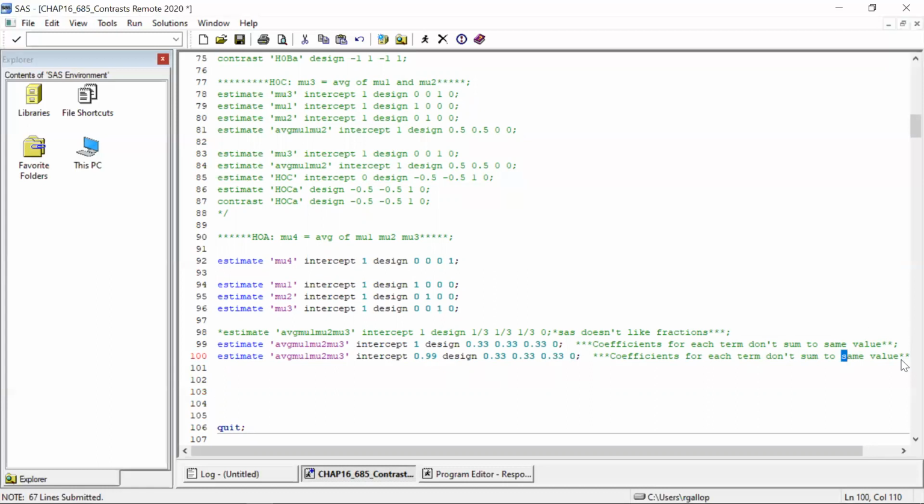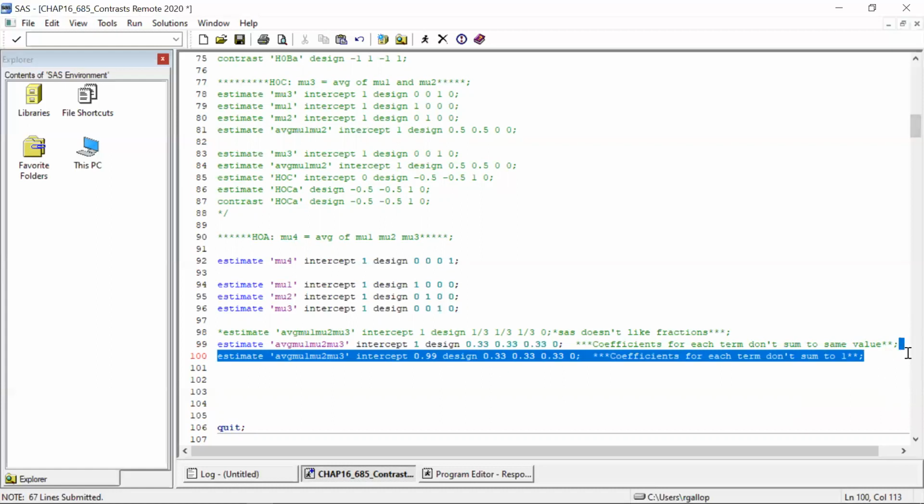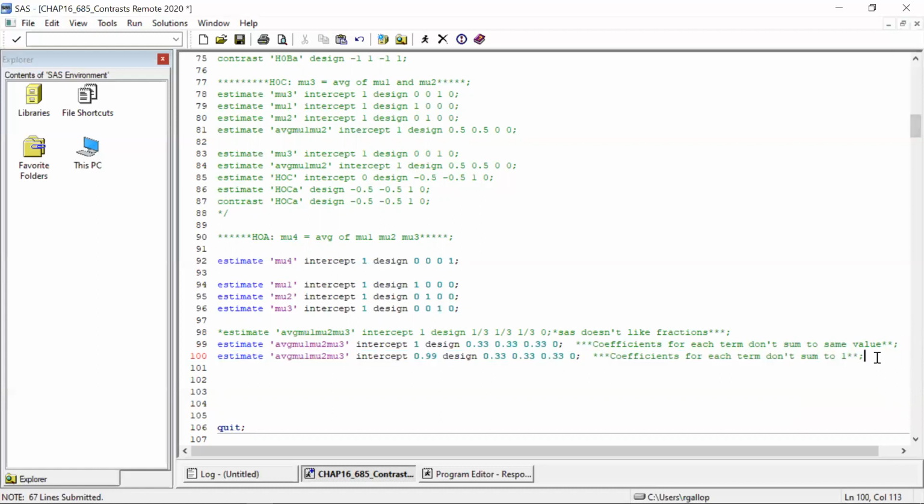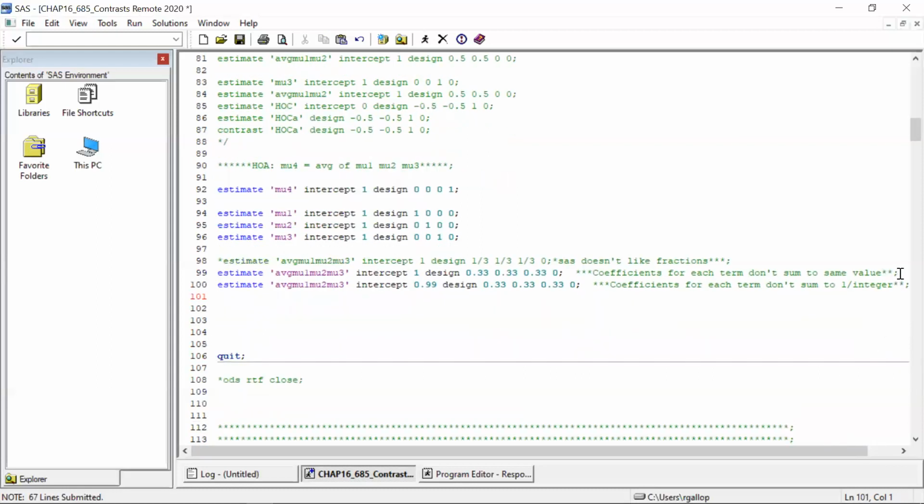So the coefficients for each term, in this case, don't sum to 1, right? They should sum to 1. So that's messed up. I'm going to change this. So it's looking for it to sum to an integer in this case.